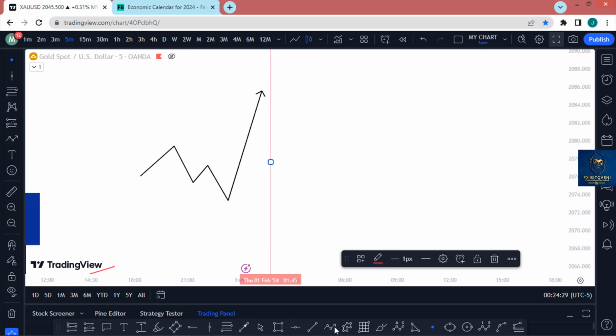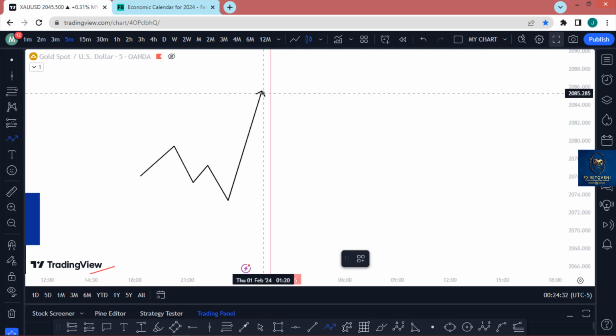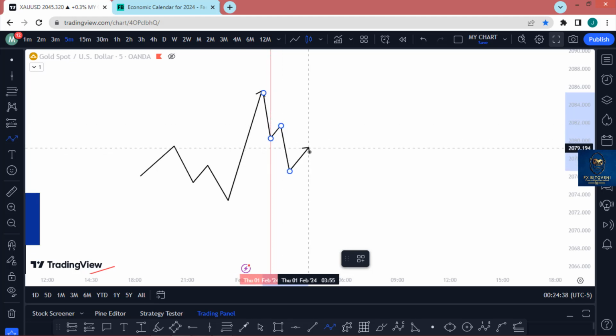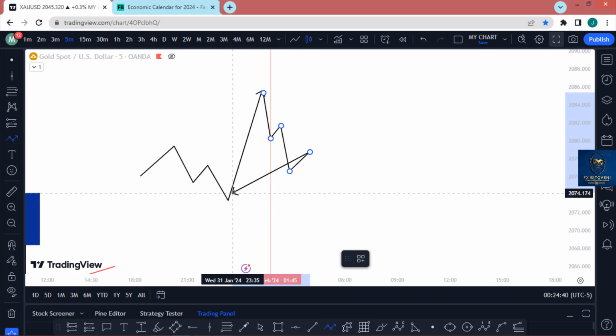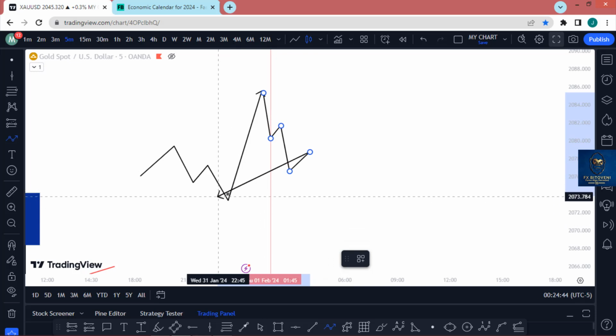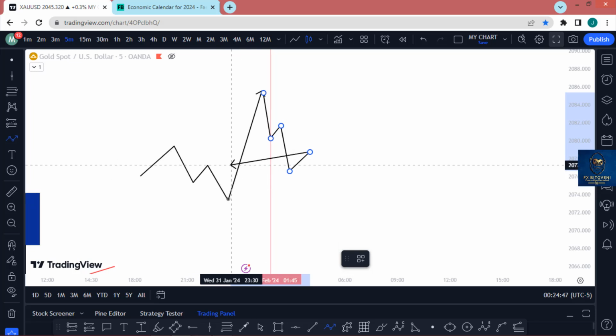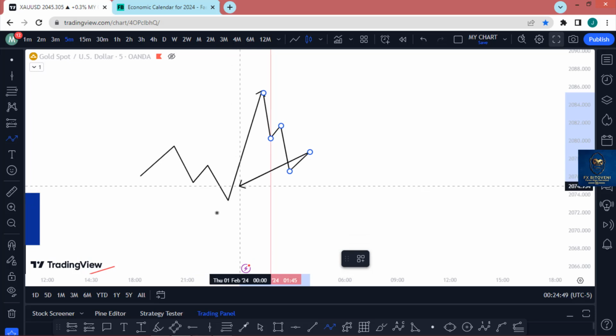So you are on a 5 minute. This vertical line is the open of the candle, and then you see price dropping down, and it reaches what? It reaches your zone, right? It is dropping down to your zone, to your major low.